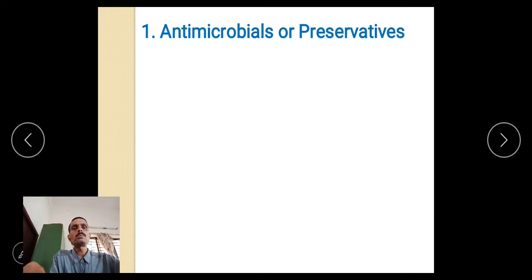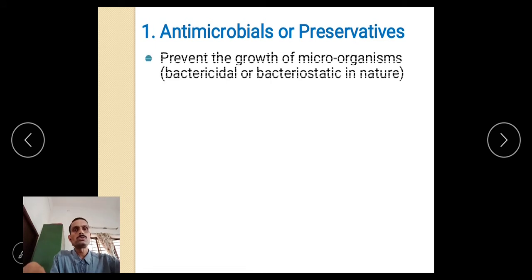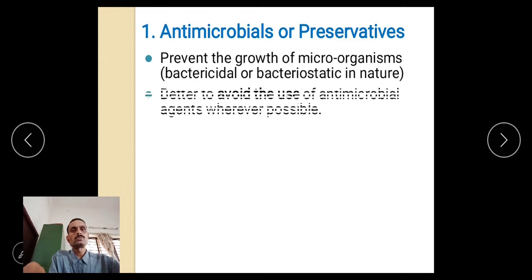Next, coming one by one, first is antimicrobial agents or preservatives. They prevent the growth of microorganisms. They may be bactericidal or bacteriostatic in nature. So it is better to avoid the use of antimicrobial agents wherever possible.